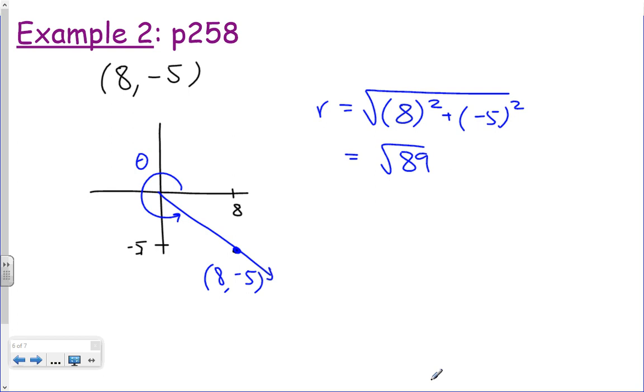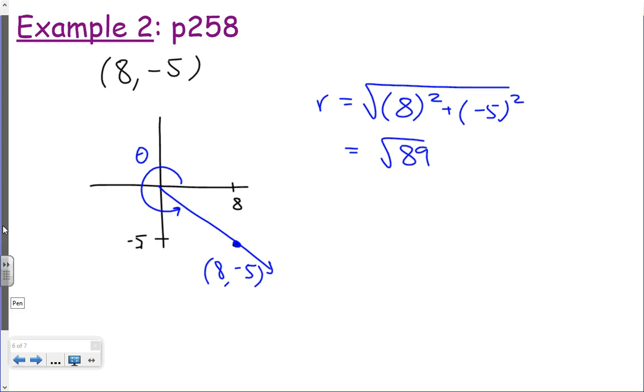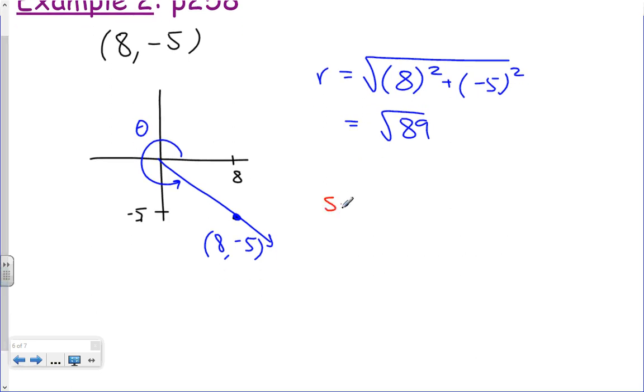And now with that, I should be able to calculate what the sine and cosine of theta are equal to. I know that the sine of theta is equal to v over r. And v is equal to a negative 5, and r we just calculated was that square root. So I can write this as negative 5 over the square root of 89.